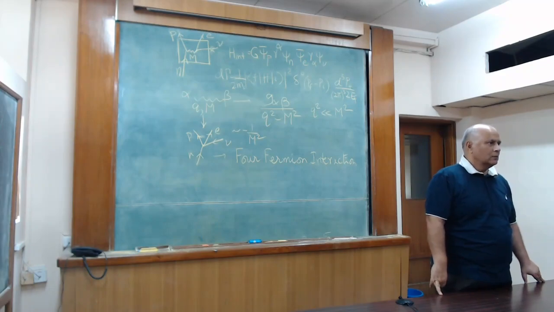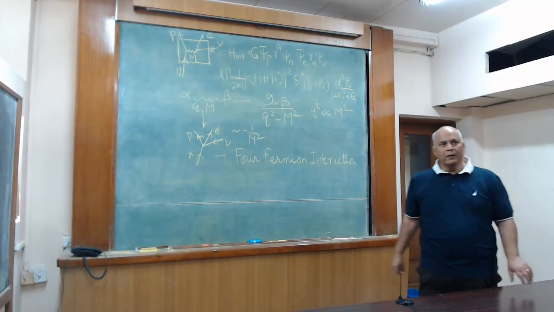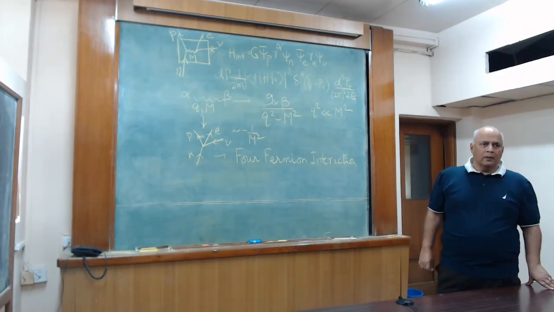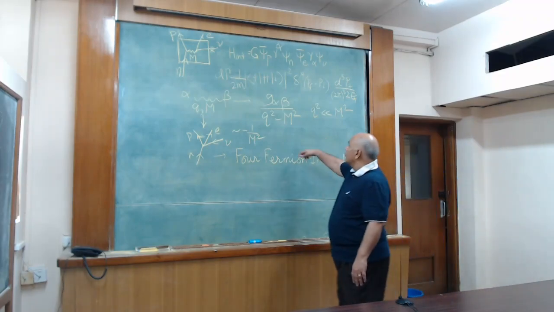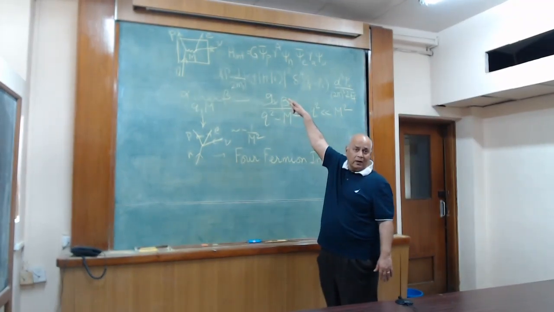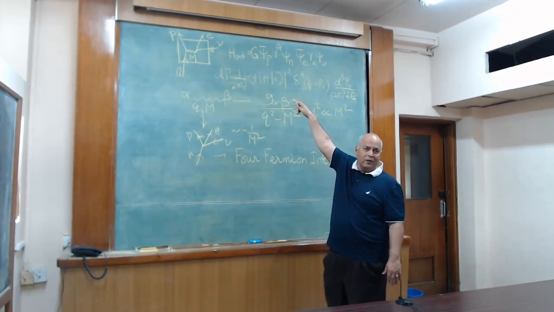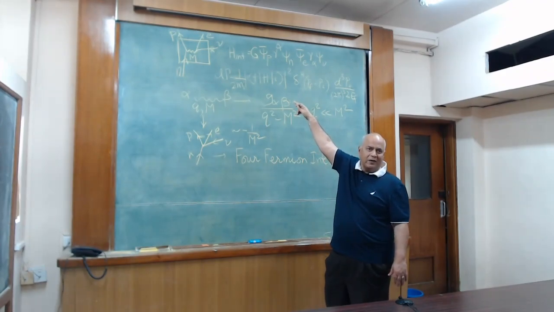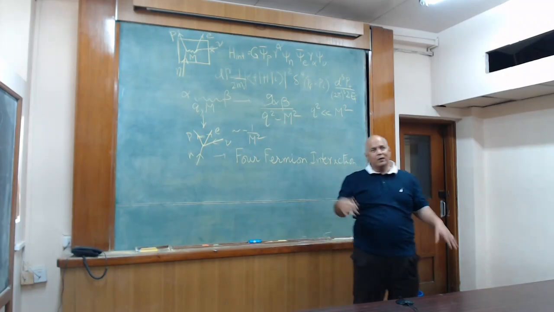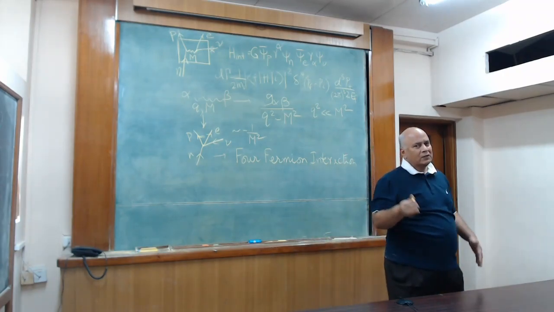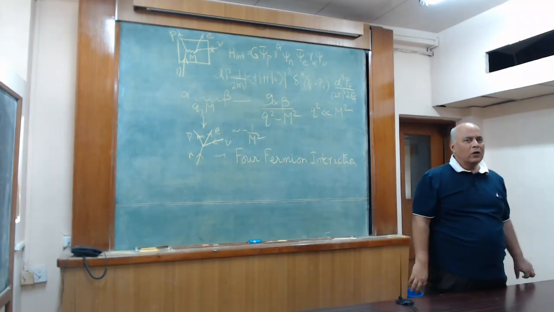Why is the 4 fermion interaction not allowed by the theory? Because the 4 Fermi interaction has a coupling constant of negative energy dimension. And if you have a coupling constant of negative energy dimension, your theory is not renormalizable.